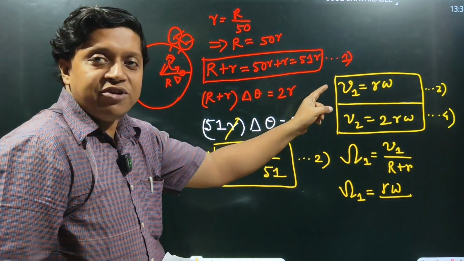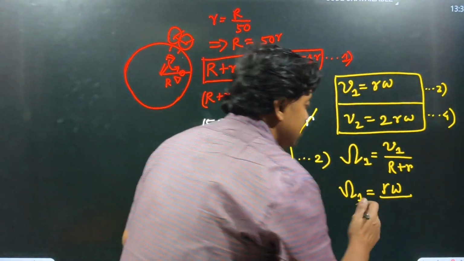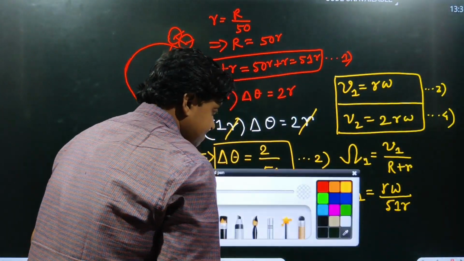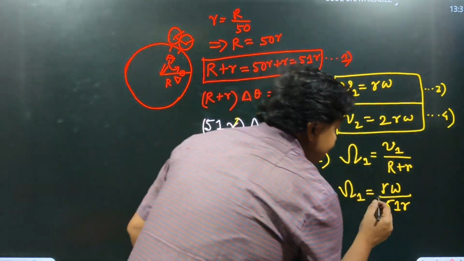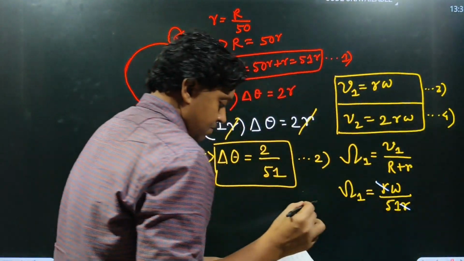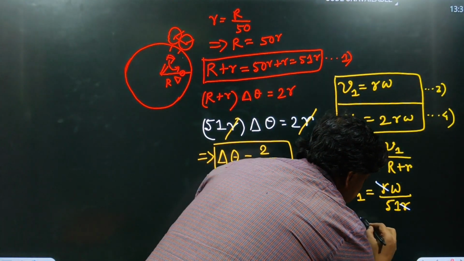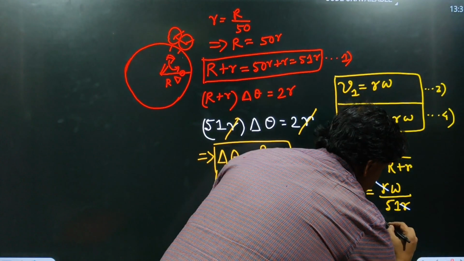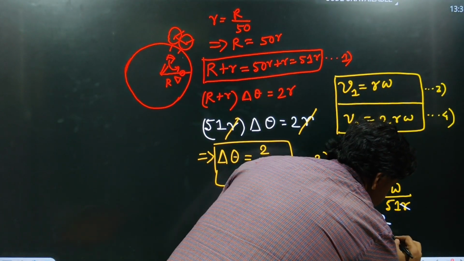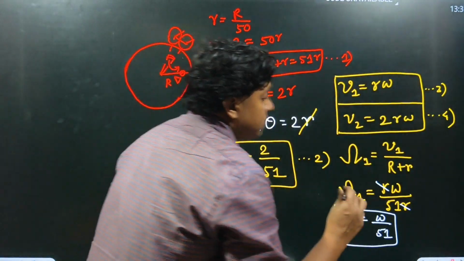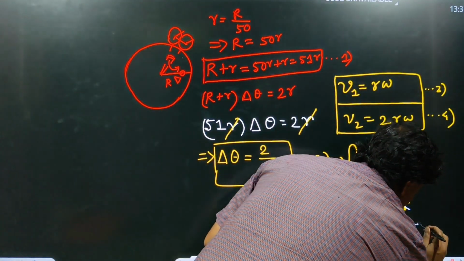That is, we will be exploiting equation number 1. So this is our equation number 5.